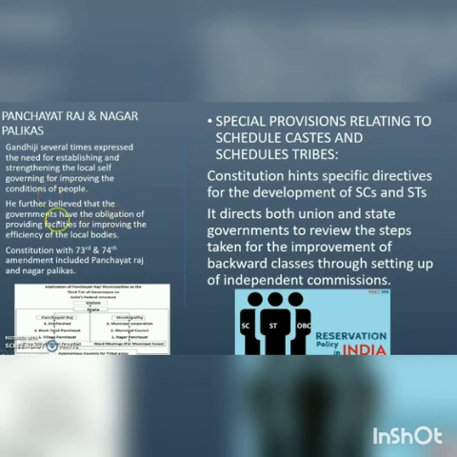He further believed that governments have the obligation of providing facilities for improving the efficiency of the local bodies. This was the dream of Gandhiji.